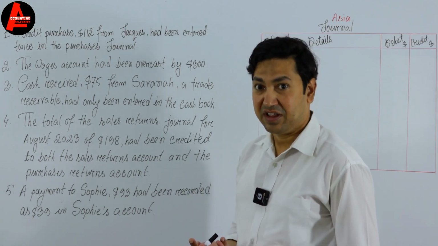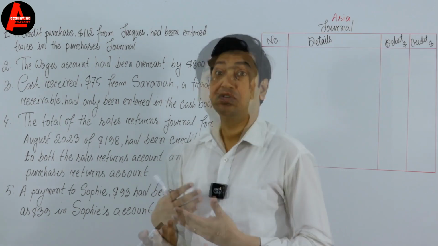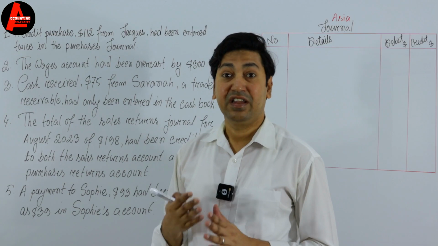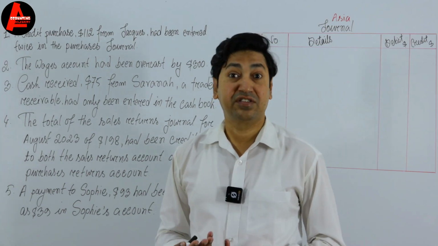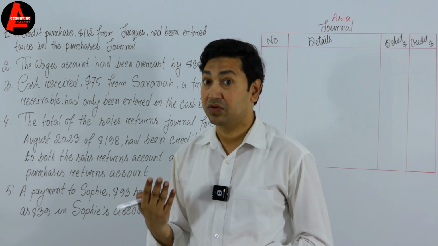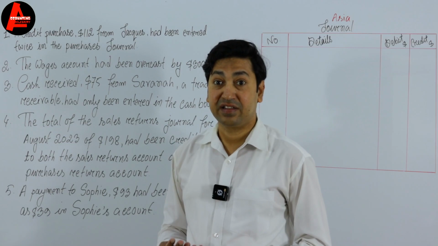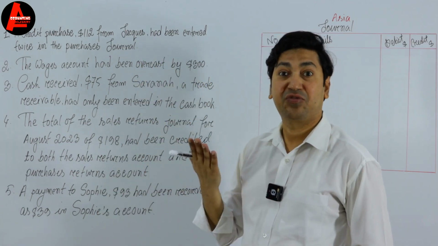Now to rectify, what to do? As purchase is recorded twice, purchase had been increased, expense had been increased. Now we need to decrease the expense. When we decrease the expense, expense will be credited, meaning purchase will be credited. At the same time, Jacques had been credited, that means our liability increased.